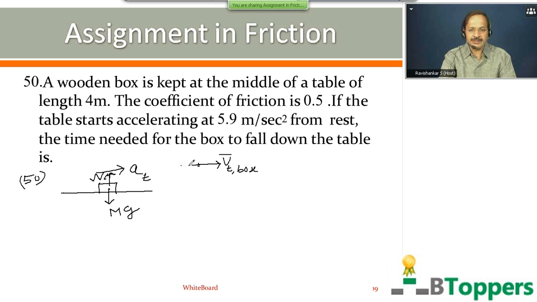So the force of sliding friction on the table by the box opposes the velocity of the table relative to the box. So the velocity of the table relative to the box is towards the right side.